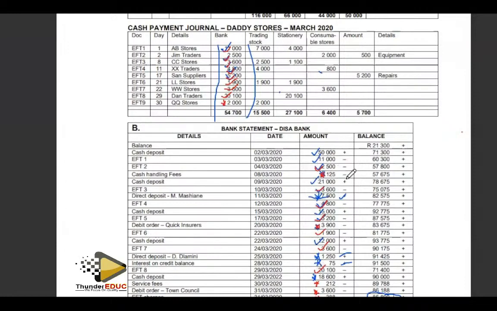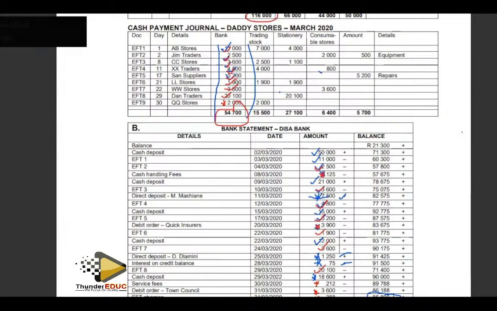These are debits, which means money was being taken out of our account, right? So it means we have now to put them in our cash payments journal. Okay. Remember, I told you I took the totals already. These totals I said is what we start with. So I took them, it's the first thing I did when we are starting, okay?